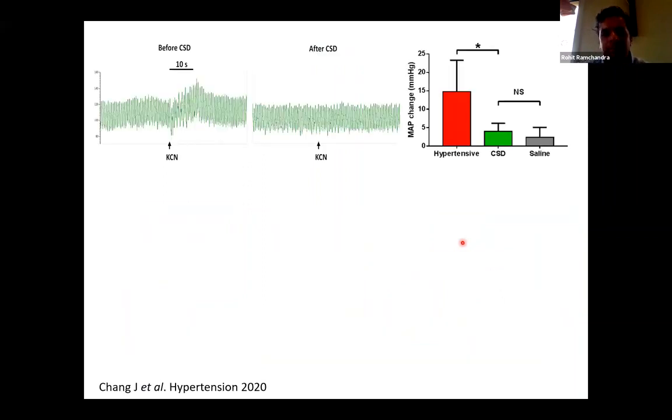The way we test for denervation of the carotid bodies is effectively we give a stimulus called potassium cyanide, and if the carotid sinus nerve is intact, there is an increase in blood pressure. Once we have effective carotid sinus denervation, blood pressure doesn't increase as much.